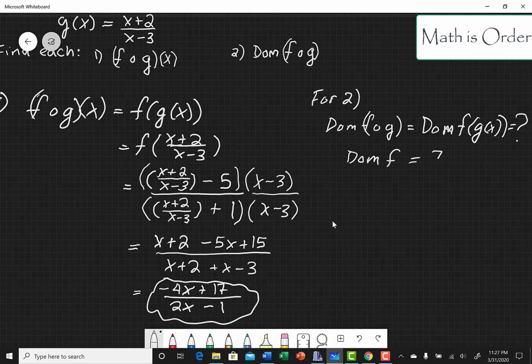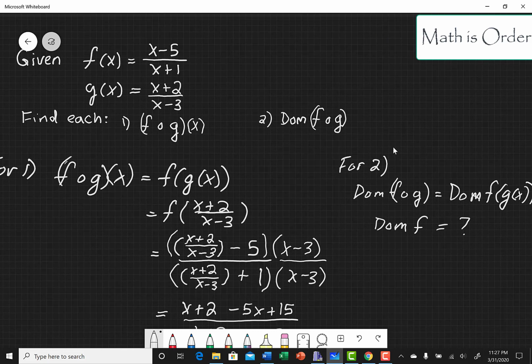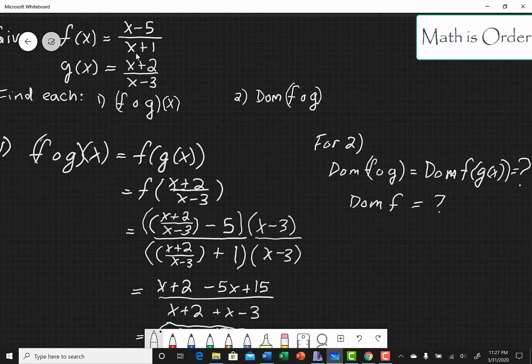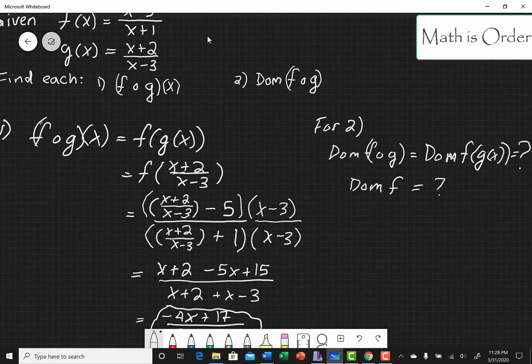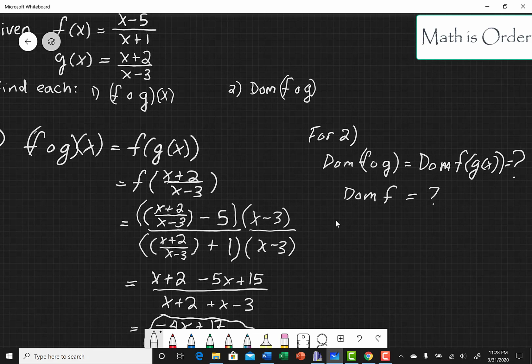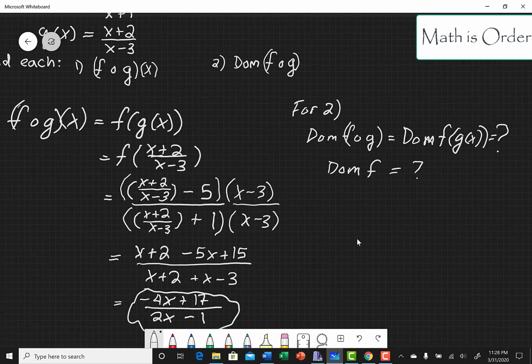Domain of f, you can see that we just look at the denominator. What value must be excluded from f is negative 1. So the domain of f is all numbers except negative 1.